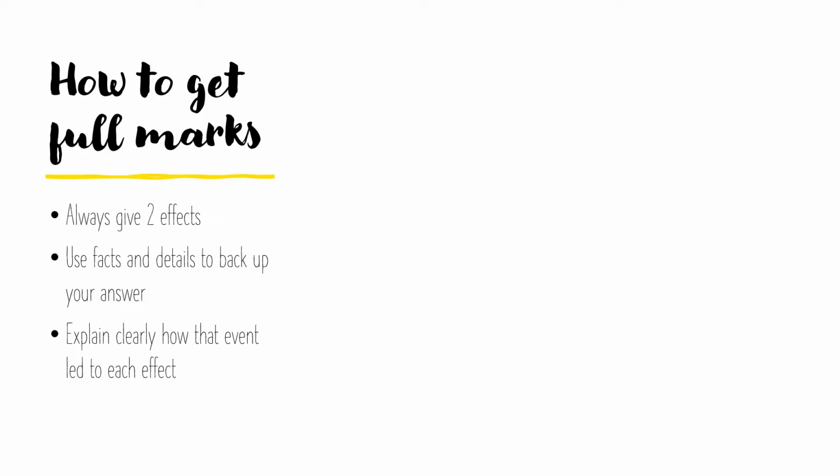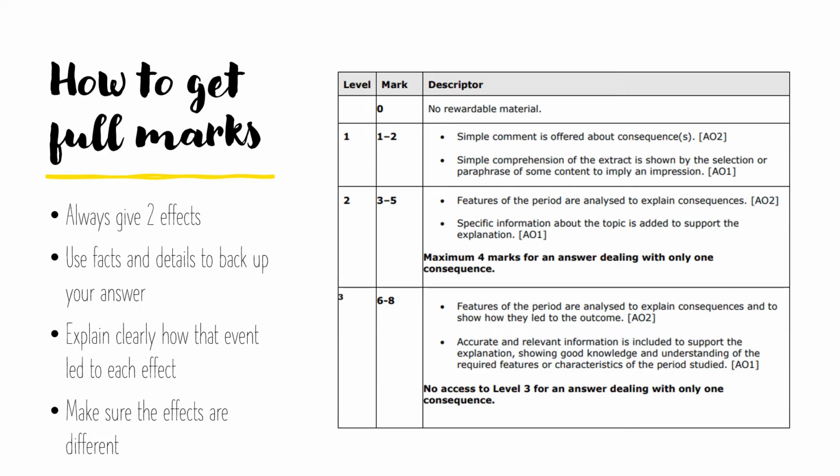So I'll show you how I did that in my answer, but you need to be explaining how that effect happened. You can't just say the effect and give statistics about it. You need to show how the event that's been given led to the effect that happened, whatever that is. And finally, just make sure that the two effects are completely different, because you could only get a maximum of 4 marks if that's not true.